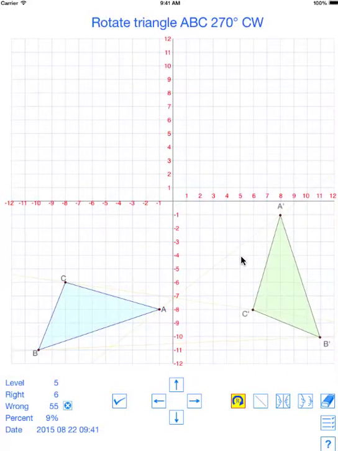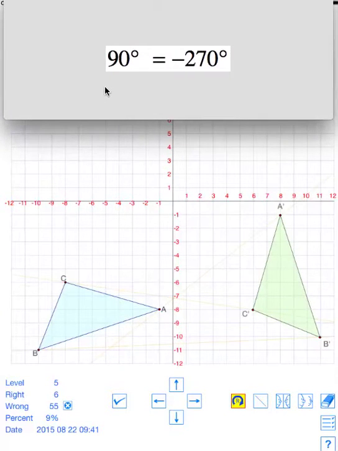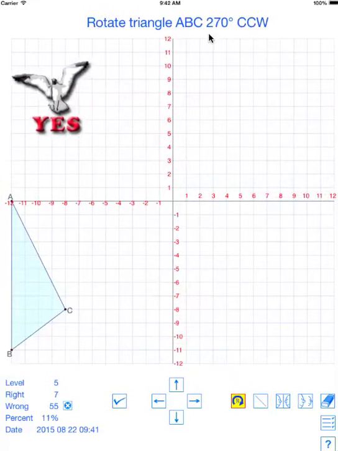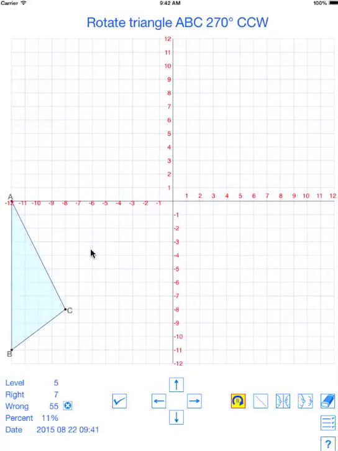Remember that 90 in one direction is 270 in the opposite direction. And there we go. So 270 counterclockwise is going to be 90 clockwise. I'm just looking at the A, which is on the 12, so I'm going to bring it up here to positive 12.